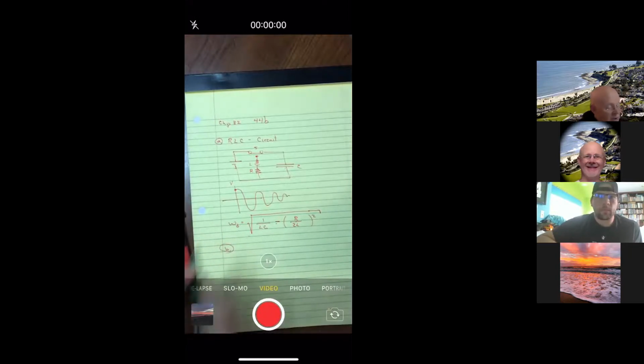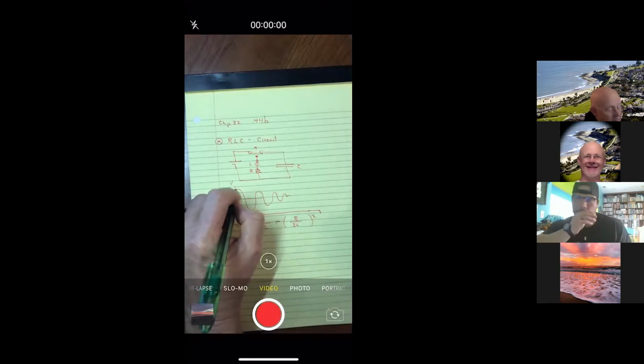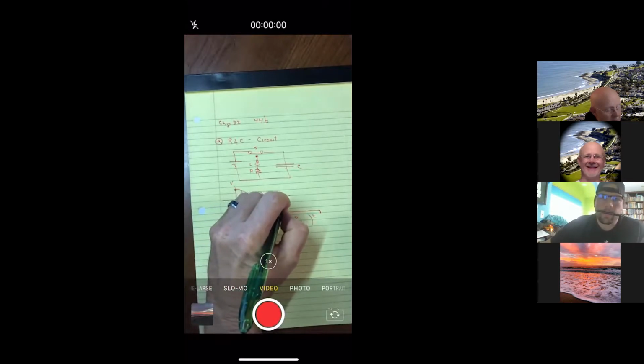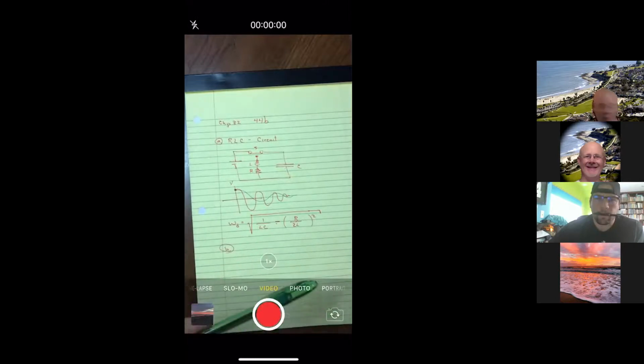So if I change the color and said, all right, if I throw in an R, let's say a bigger R, it would look like, and I'm trying to draw in green, it would be a lower frequency. Of course, it'd be more resistant, so it probably wouldn't go up and down very many times, but it would be a lower frequency, or in this case, a longer period.